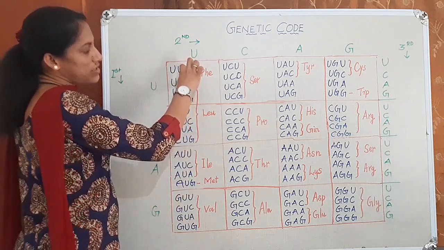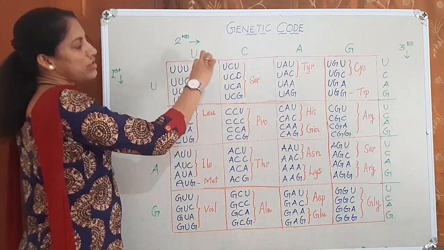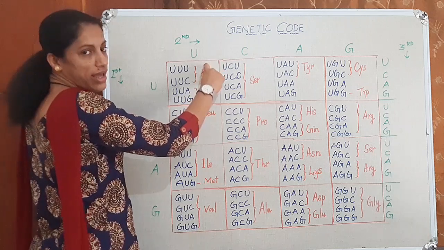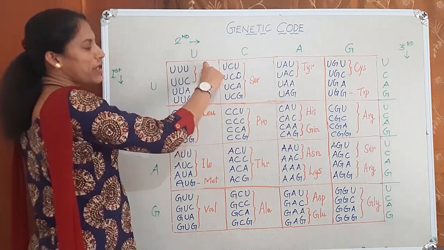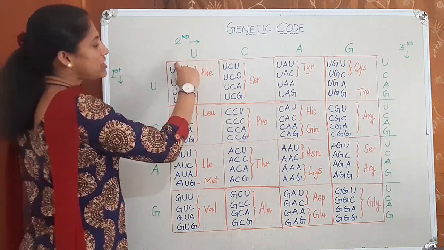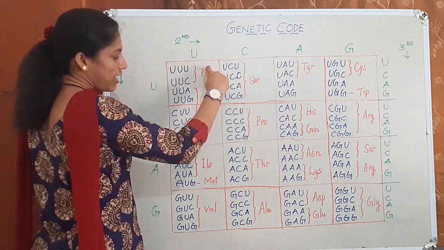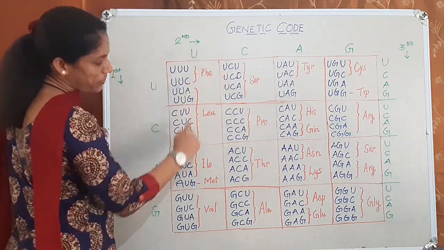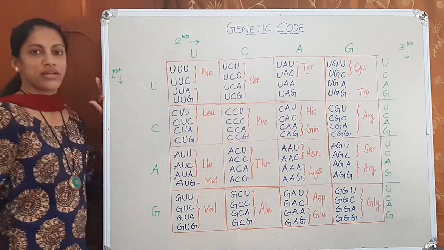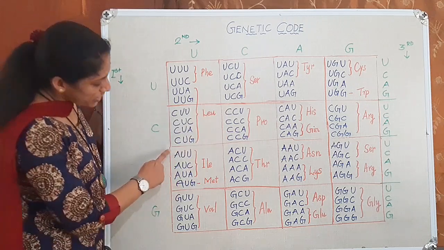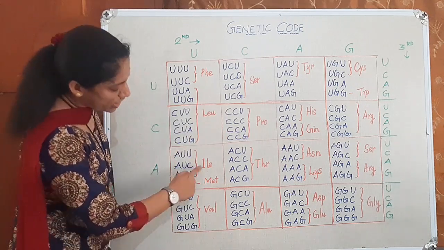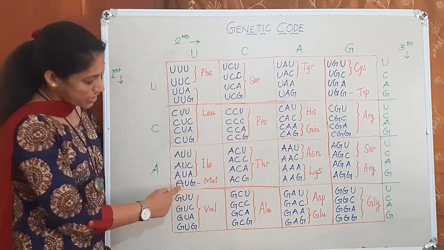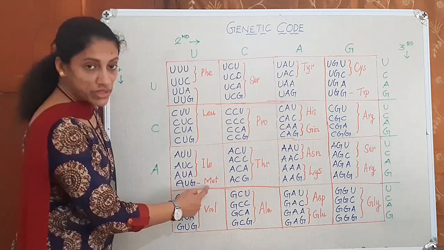These 2 triplets are called phenylalanine. Now you will not study the names. These 2 triplets, phenylalanine; these 6 triplets, leucine; these 3 triplets, isoleucine. AUG is methionine.